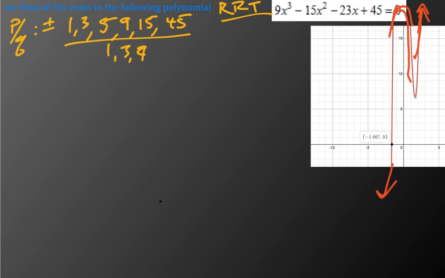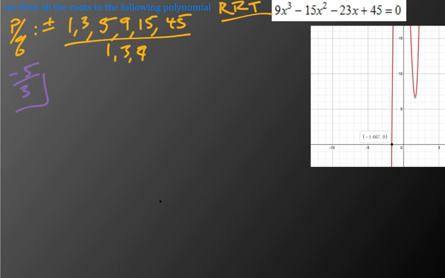I'm going to erase that because it looks too cluttered. But you just use your graphing calculator, you can get a root. In this case, if you use the zero button on your calculator, you'll get negative 1.6 repeating, which is just negative 5 thirds. So negative 5 thirds is the root.